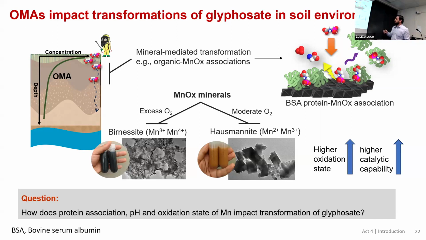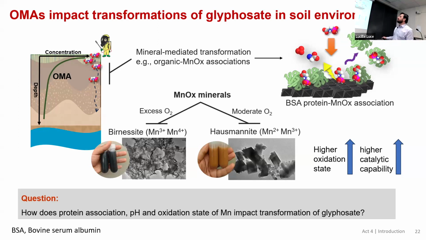So the model mineral is manganese oxide. We have two manganese oxides in this system, birnessite and pyrolusite. The difference is they have different catalytic capability. The reason is they have different content of manganese 3 and 4, different oxidation states for manganese.